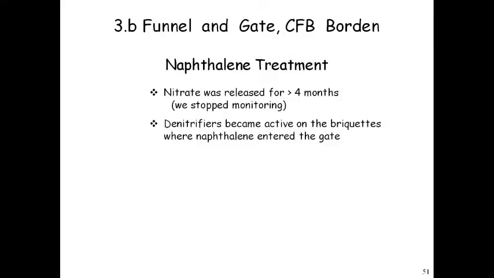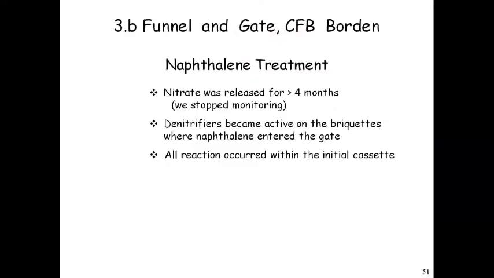The nitrifiers became active right in the very first cassette with the briquettes. In fact, they seem to colonize the surface of the briquettes. Somewhat logical, I guess. That's the optimal position where the nitrate is at highest concentration and the naphthalene is present. All reactions, all denitrification and naphthalene degradation occurred within the initial cassette.